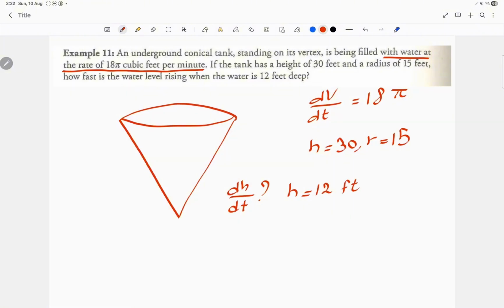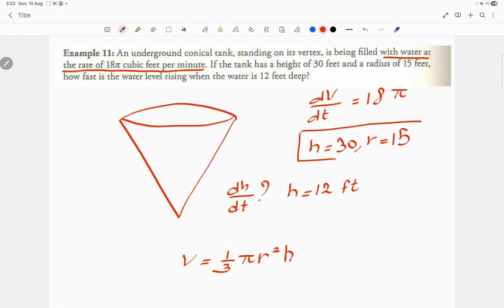Now my equation for volume of a cone is what? Can someone tell us? 1/3 pi r squared h. Now since I'm looking for dH over dt, I don't want to keep r as r, and instead I must put it as an h somehow.